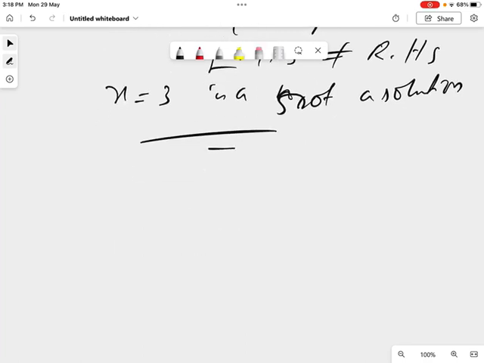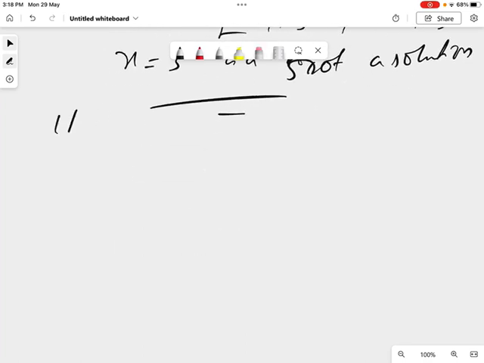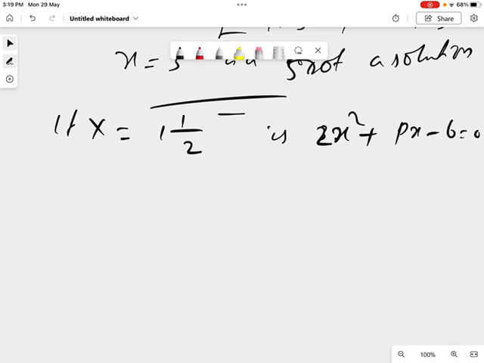And next, find the value of p, if x is equal to 3 by 2 is a solution of the equation 2x square plus px minus 6 is equal to 0. The equation is 2x square plus px minus 6 is equal to 0.